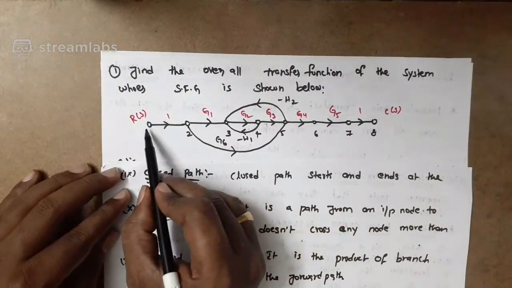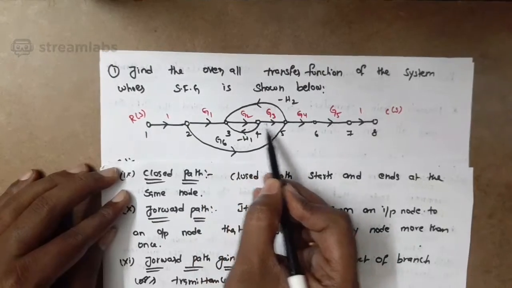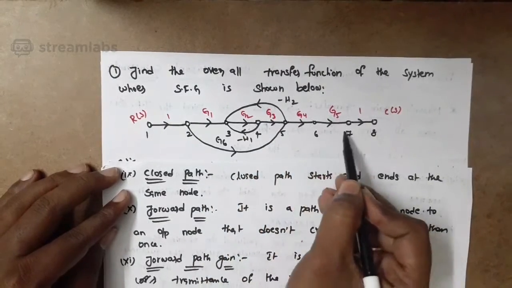See here: 1 to 2, 2 to 3, 3 to 4, 4 to 5, 5 to 6, 6 to 7, 7 to 8.